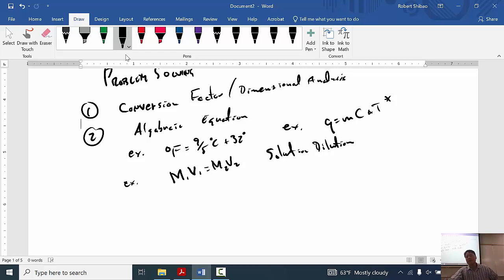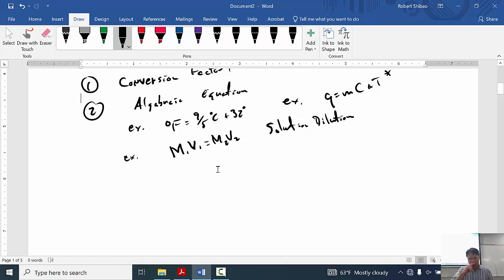And so normally when we come into lab, we'll read through the experiment and have an idea of what's going on. For this particular lab, we have to dilute some of our stock solution.